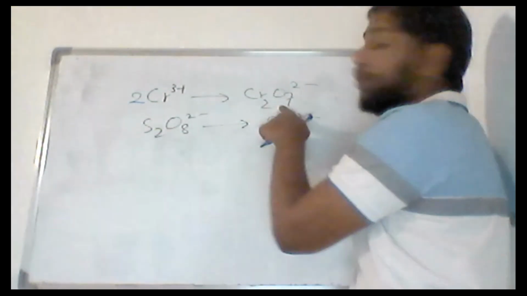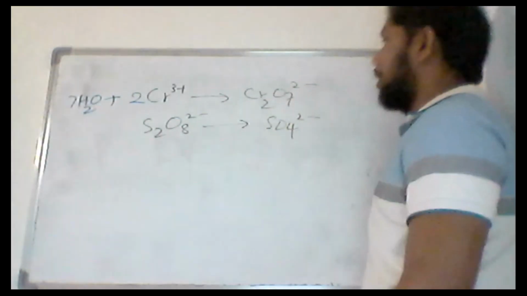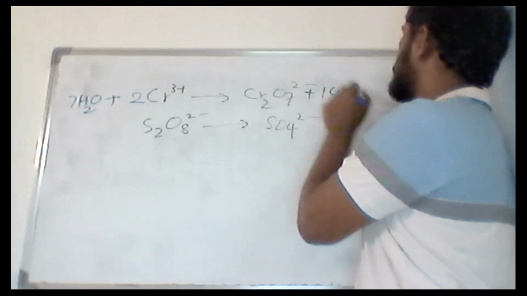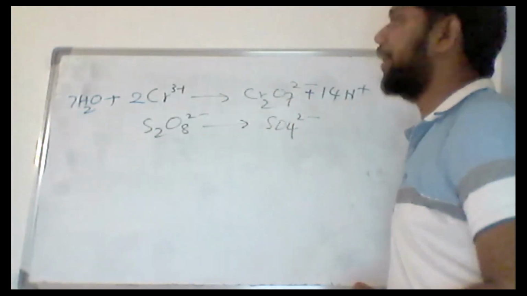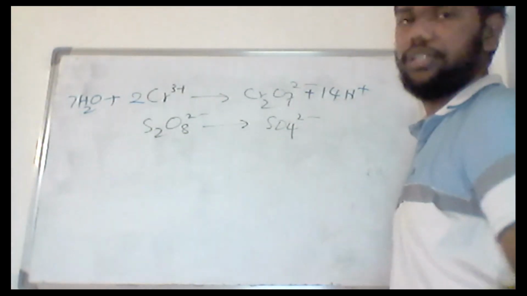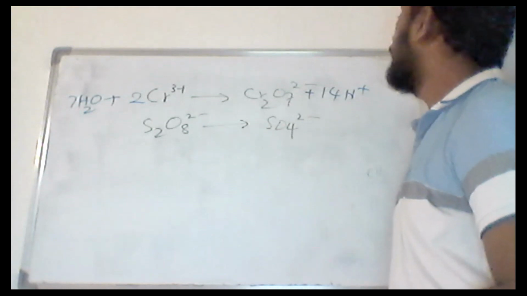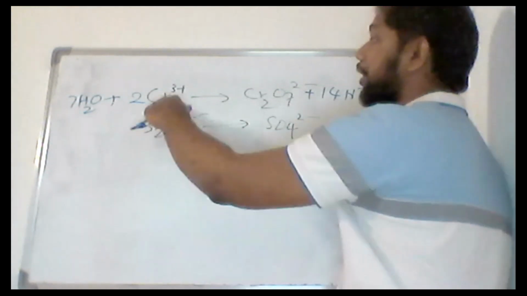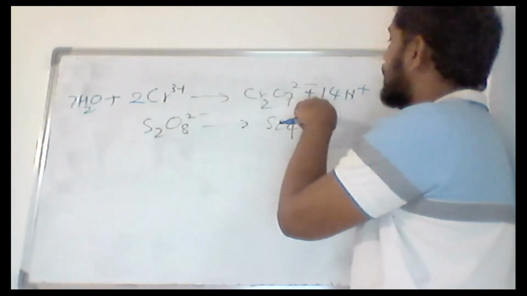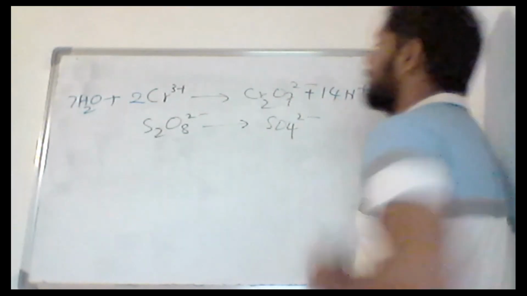And there are 7 oxygens here, so I'm going to put 7H2O. And to this side, I will put 14H plus, right? So you can imagine this as the normal reverse reaction of the thing that we are going to write actually. And then you need to balance the charges. So here there is plus 6, and here there is plus 12. So I will add 6 electrons to this side.